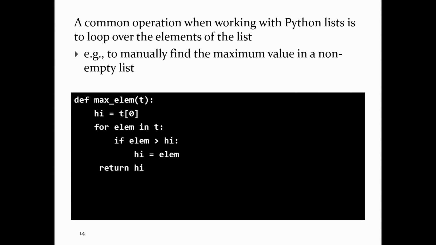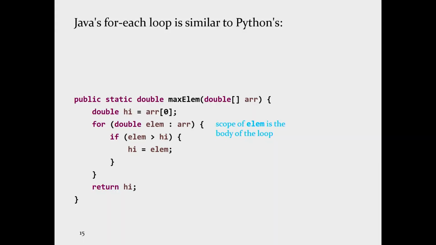There's a similar design decision when you do the Java version of the method. Again, it's basically the same thing. I'm going to start out by assuming the largest element is the first element in the array. And in Java, if the array is empty, that will result in what's called an exception.